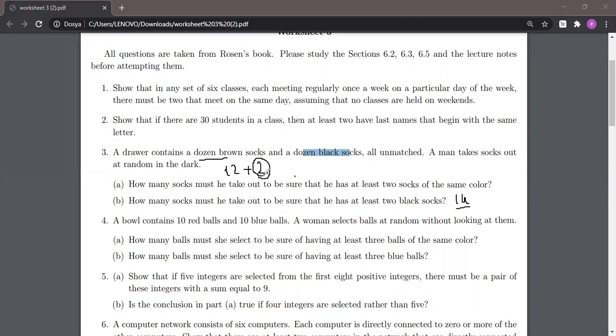These cannot be brown socks, okay? If they were brown, these two cannot be brown too because there are only 12 of them. So these two will be black socks, okay? So the answer for that is 14, okay?